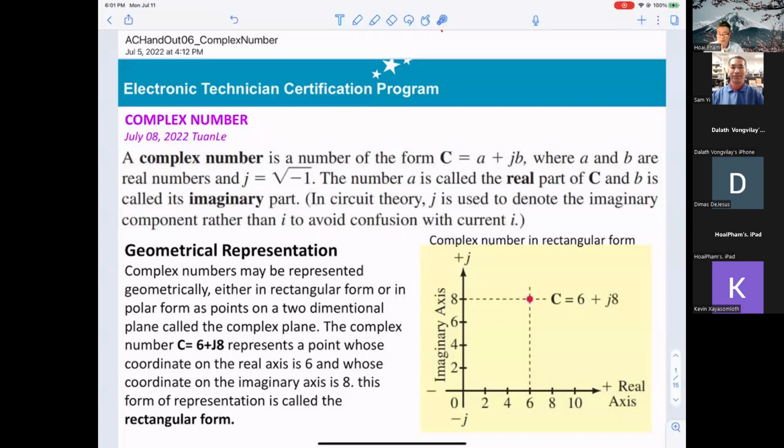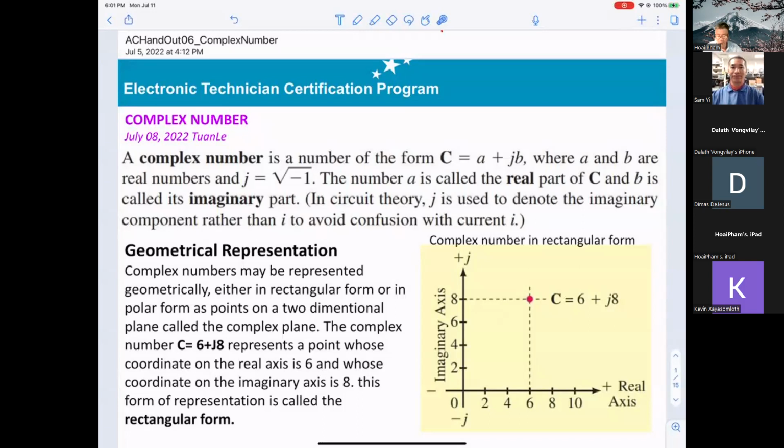And for an RL circuit, VL leads IL by 90 degrees. And VR and IR will be in phase. Okay?